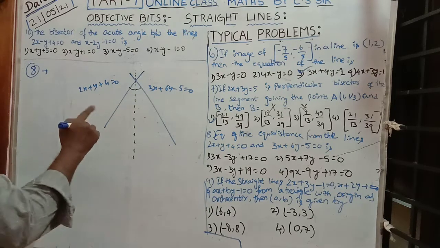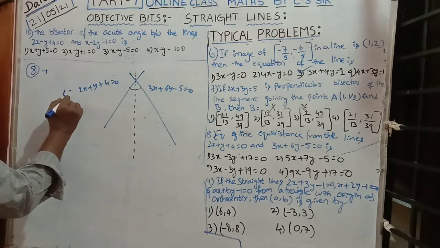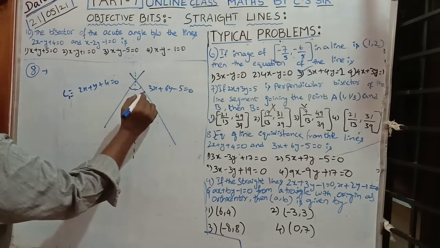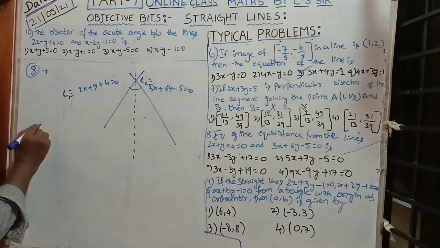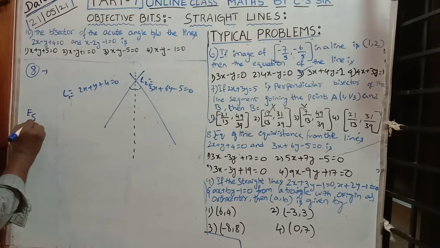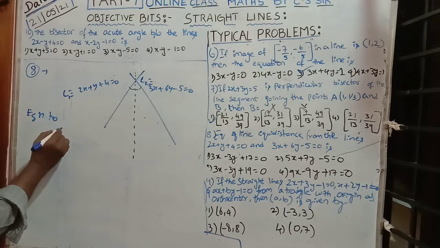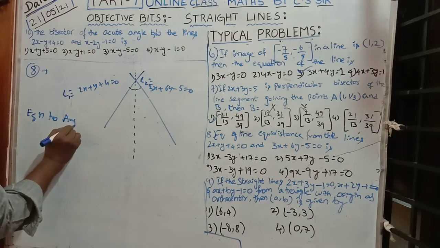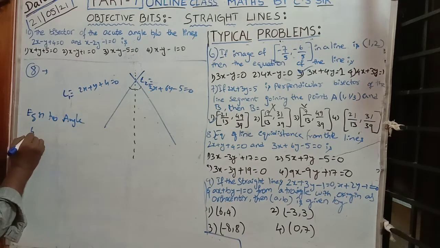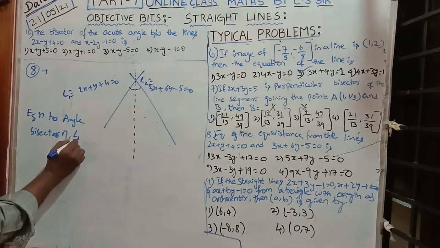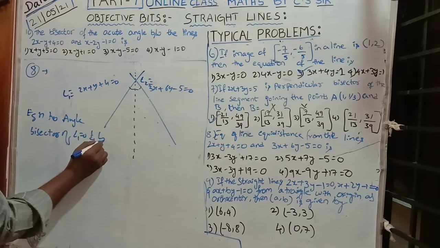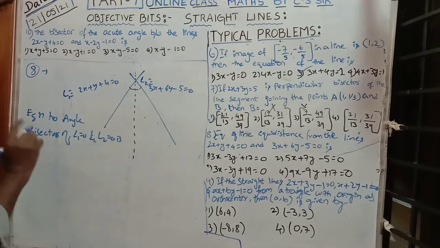So here, suppose this line is L1 and this one is L2. Then the equation to the angle bisector of L1 equal to 0 and L2 equal to 0, a formula is there.